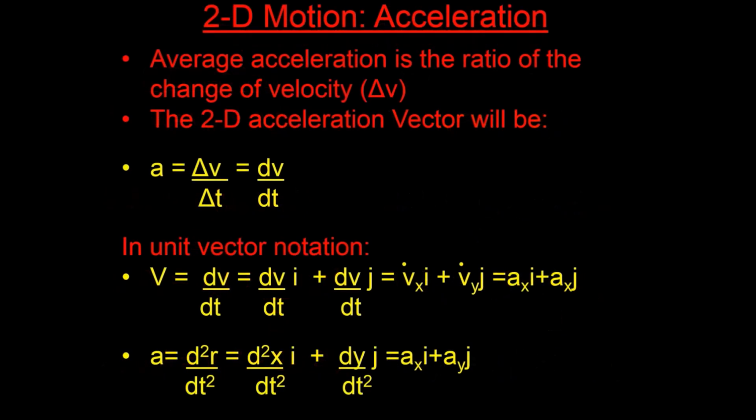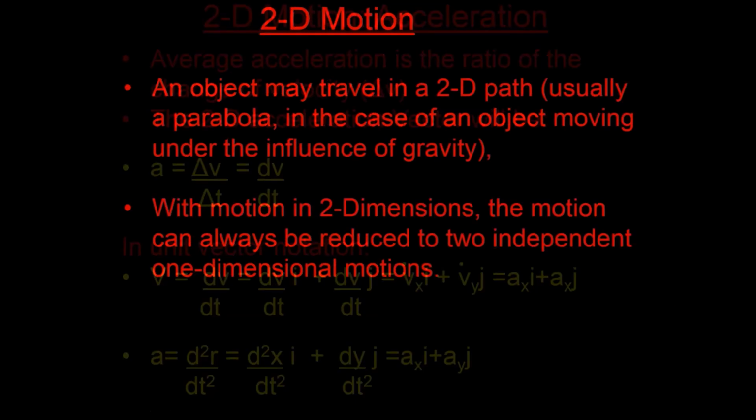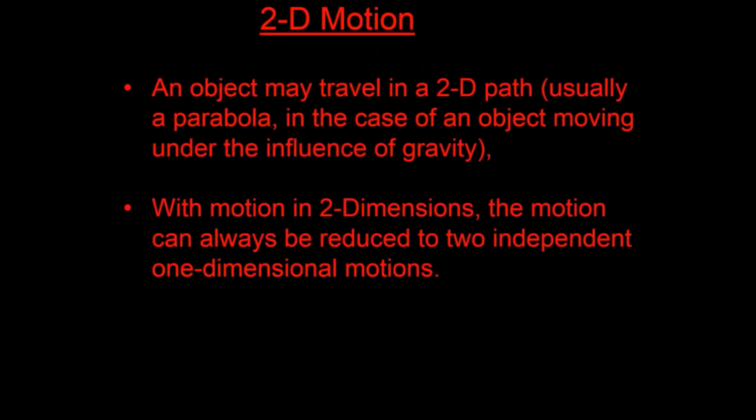Now when we deal with acceleration, of course, acceleration is essentially the change in our velocity, and we can express our velocities and accelerations in terms of unit vectors should we wish to do so. So don't forget the disciplines that we've looked at previously.